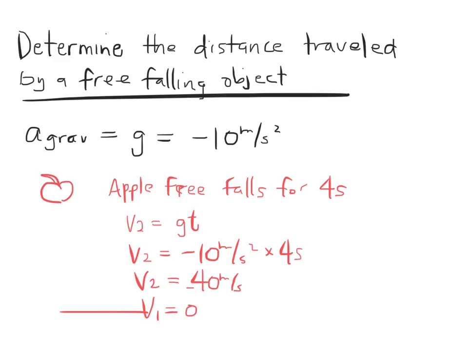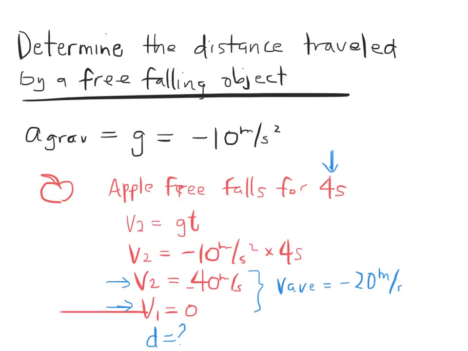So we're actually back to an old kind of problem that we used to do, where I know v1, I know v2, and I know time, and I want to find d. When we used to do this problem in the last unit, the first step would be to calculate v average. So the average velocity between 0 and negative 40 is negative 20.